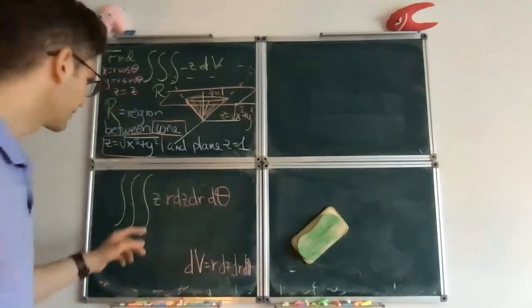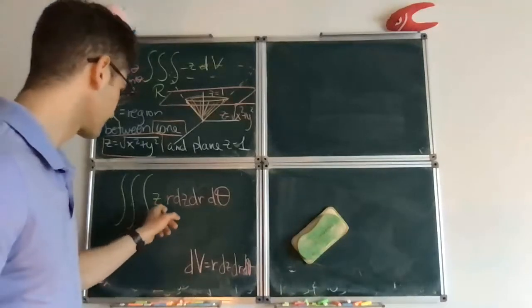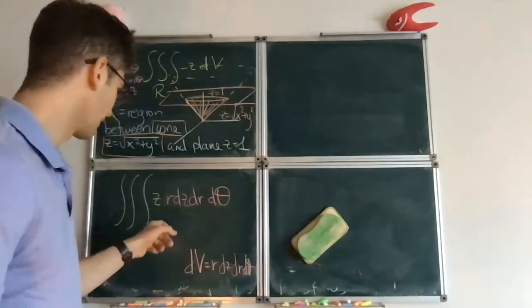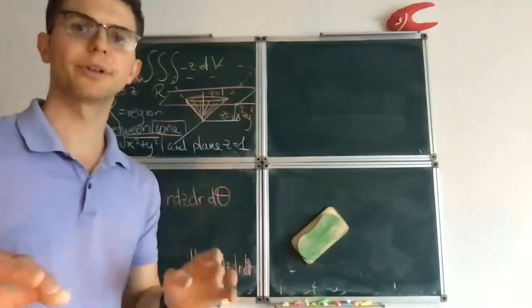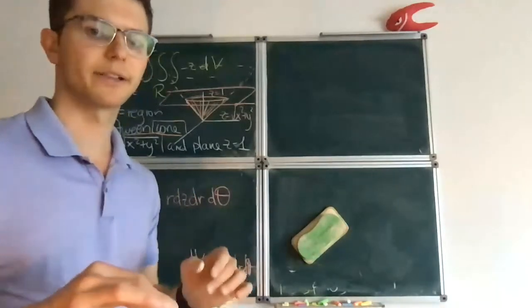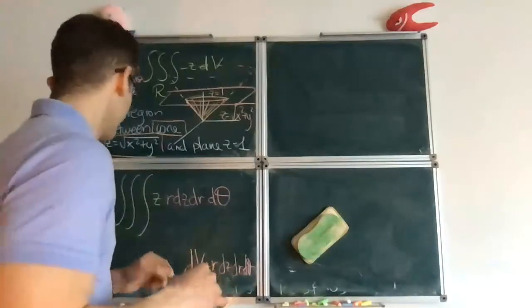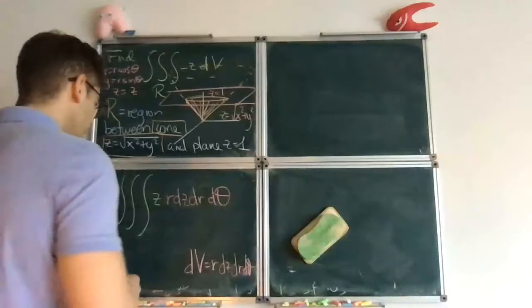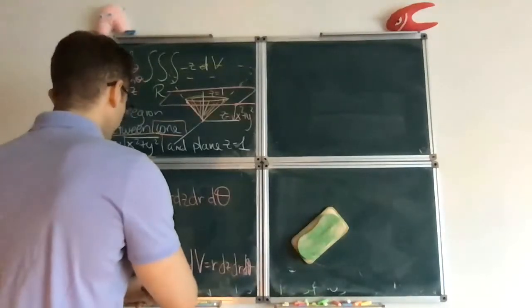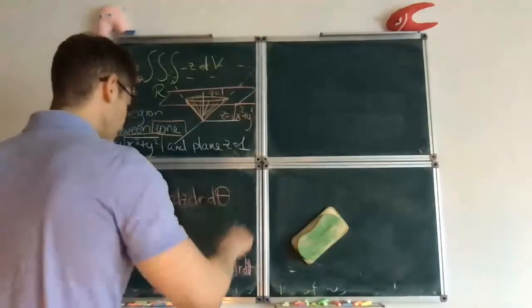And so what we have to do now is figure out what the bounds are. All the problems about triple integrals, once again, boil down to finding the correct bounds. So let's try to do that. So one more time, this goes from the inside to the outside.